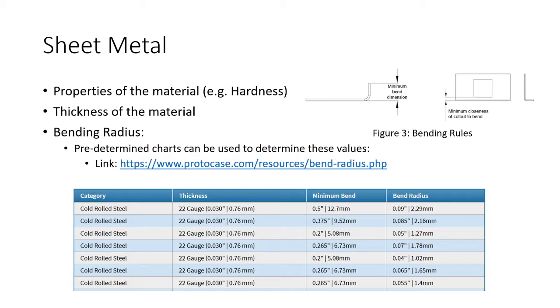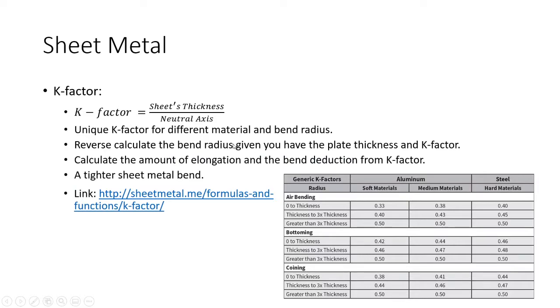Again, let's say if you don't even know the bending radius, you can also use the thing called K factor. K factor is the ratio of the metal sheet's thickness and the neutral axis of that material. It's a unique value for each material and for each bend radius. If you know the K factor, it's easy to calculate the bend radius from it.